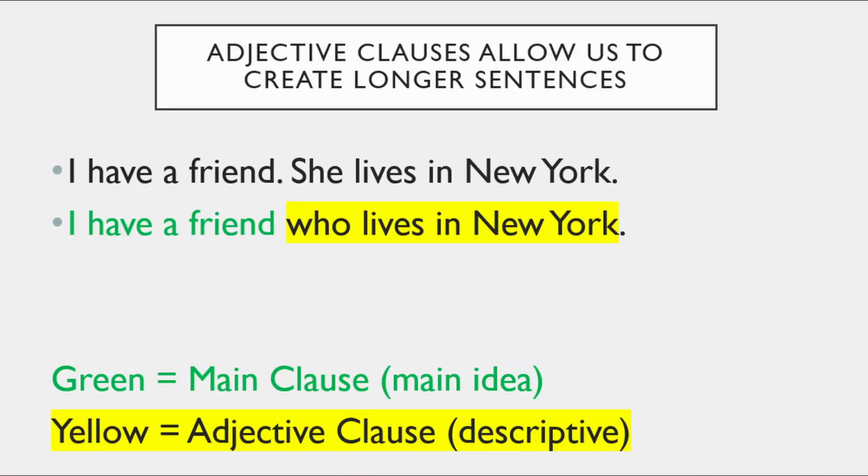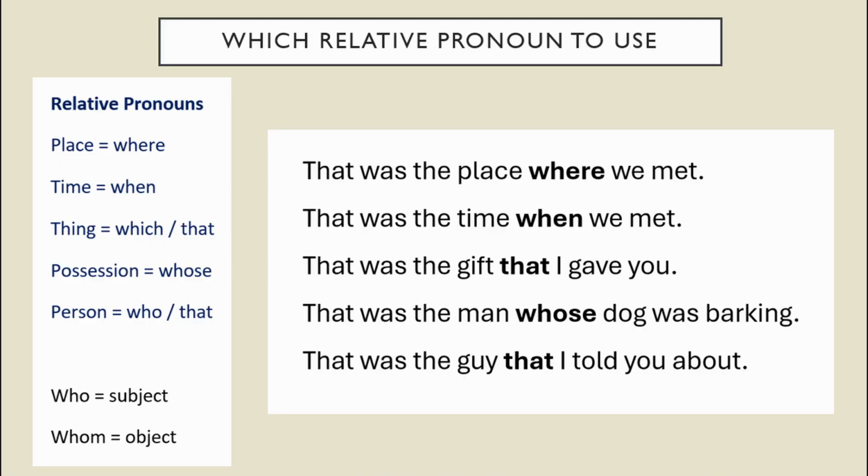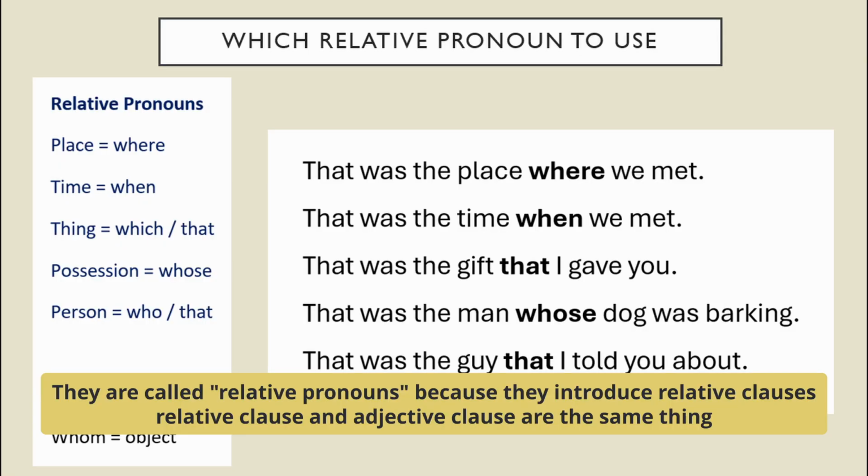So we're combining these two smaller sentences into a longer sentence, using an adjective clause. Who, by the way, is called a relative pronoun. Do you know pronoun? For example, instead of saying John, I could say he, right? Or him or his, right? Those are pronouns, okay? They replace the proper noun. Instead of saying, Jennifer lives in New York, I say she or who.